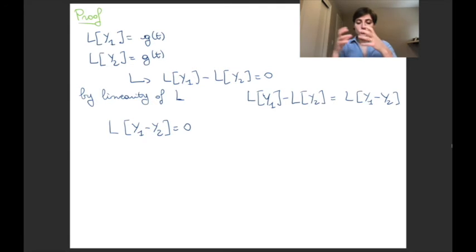Linear means that you can take additions and subtractions outside or inside of the operator. So the subtraction between the operator applied to a thing and the operator applied to the other thing is the operator applied to the subtraction of the two things. In this case, Ly1 minus Ly2 equal to 0 means that L applied to y1 minus y2 is equal to 0.